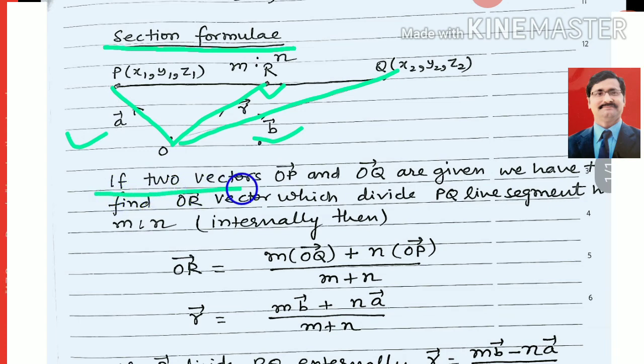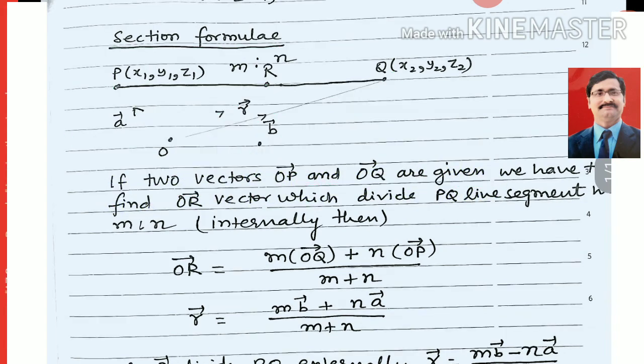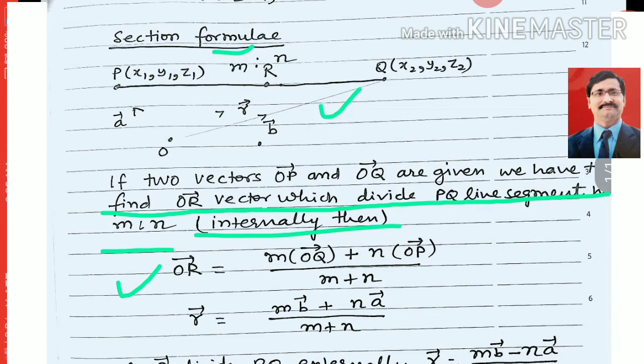If two vectors OP and OQ are given and we have to find the OR vector when it divides the line segment PQ in the ratio m:n internally, then the OR vector will be: m you multiply by OQ, and n you multiply by OP. So you will get (m OQ plus n OP) upon (m plus n).